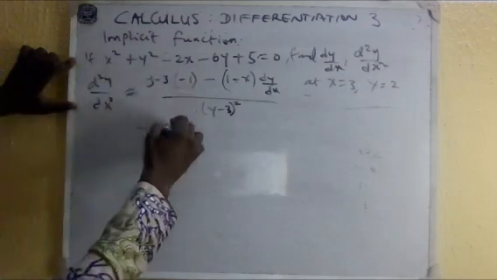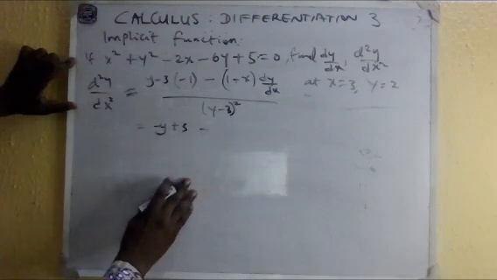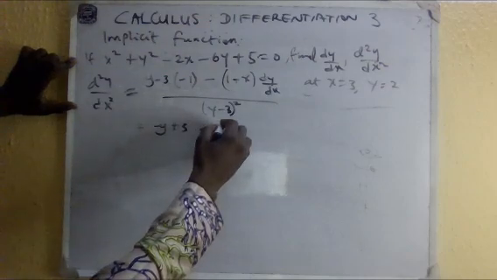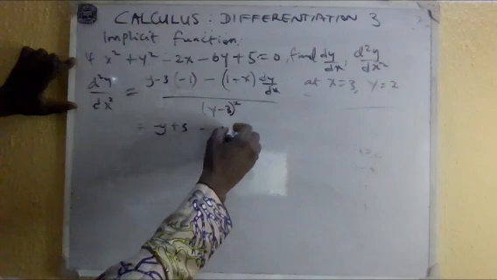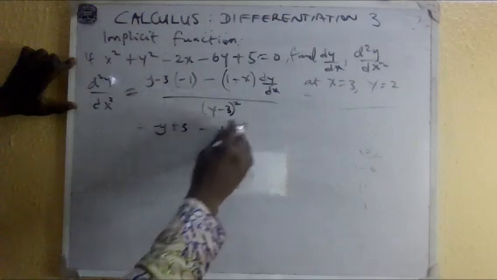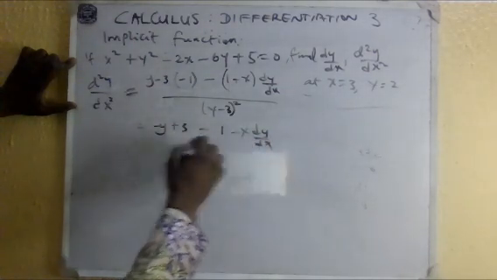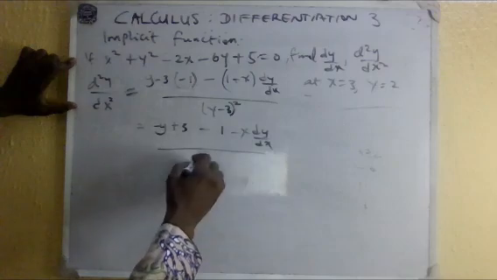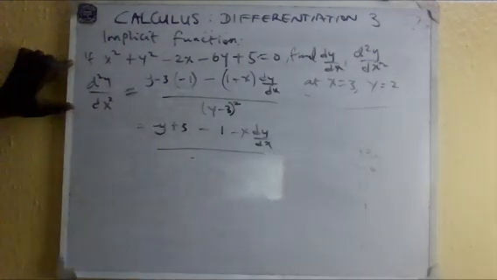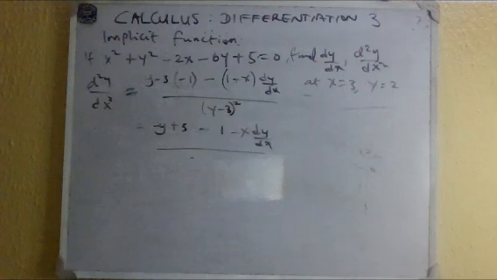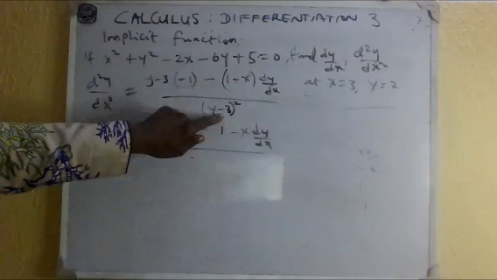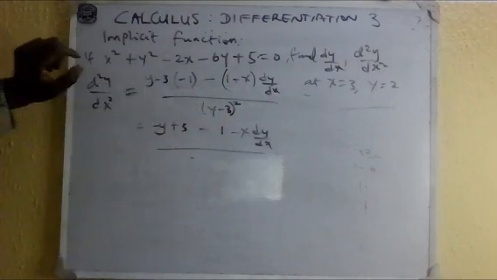This times this is plus 3 minus 1 plus or minus again x dy/dx, all over, then I will still put it like that.